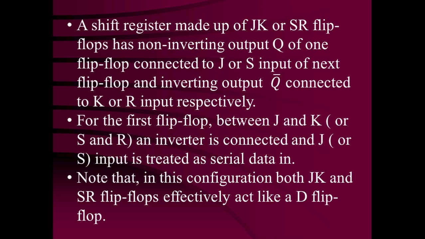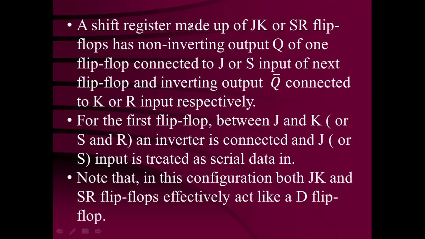That way, the same functions we understood with the D type flip-flop can be done using JK or RS flip-flops, and they are respectively known as a JK shift register, a D shift register, or an RS shift register.